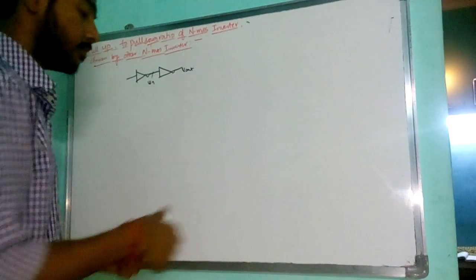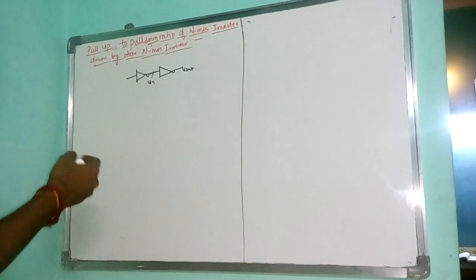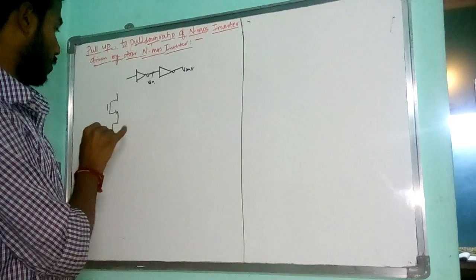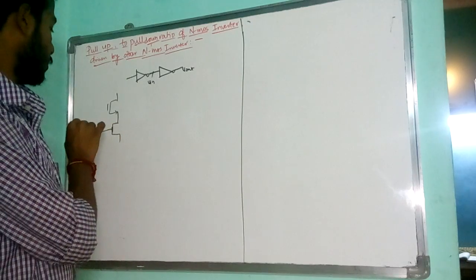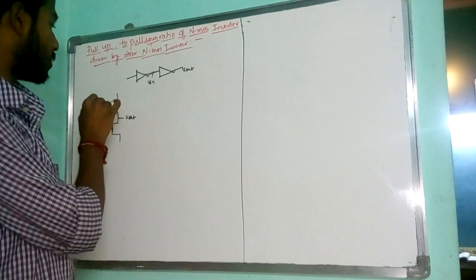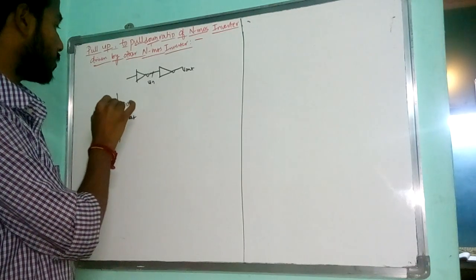Whenever I say an inverter, we have two transistors to which we give input. One transistor is the depletion transistor.